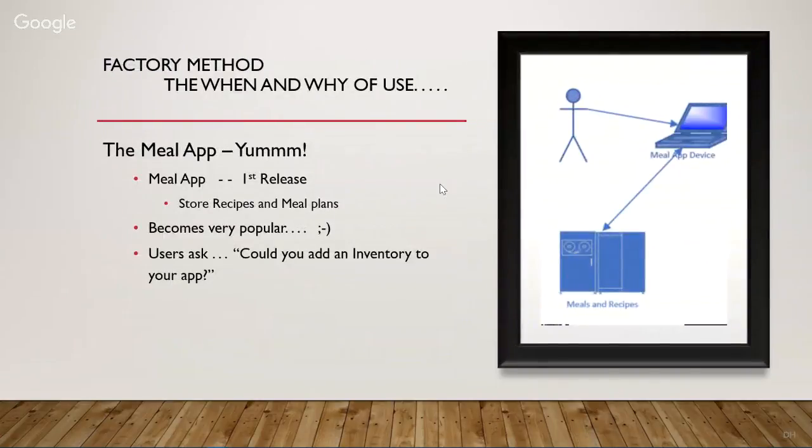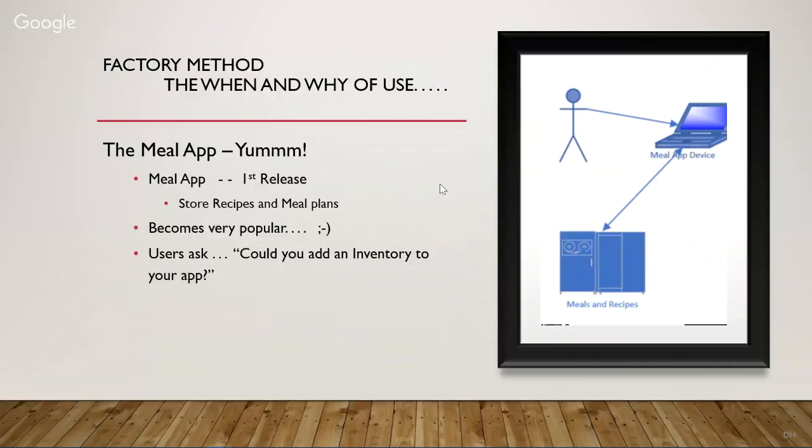So we've got our project that we're working on, and we are wondering where this design pattern, the factory method, could be used. So let's take a look at this, our meal app that we're calling Yum, by the way.